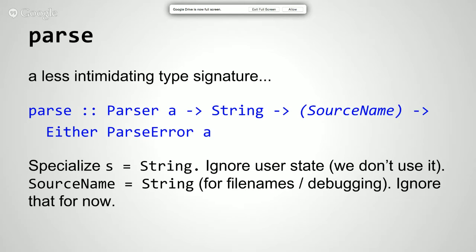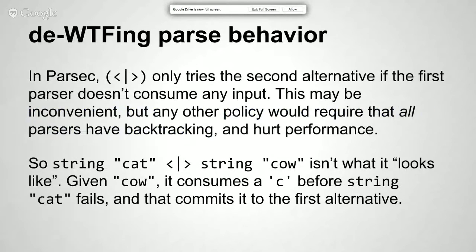And we have Parser A, arrow string, that's the string being parsed, or the stream, arrow the source name, which is also a string. For now, you can just pass in the empty string, and then it returns either a parse error or an A.